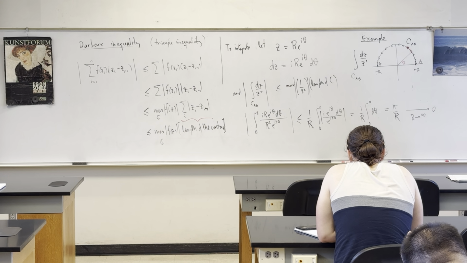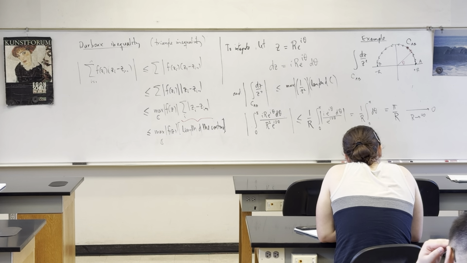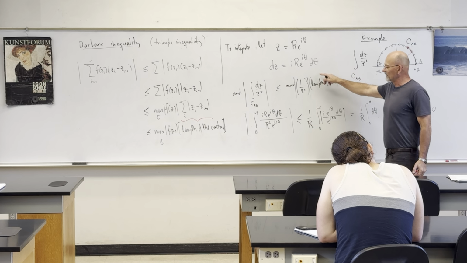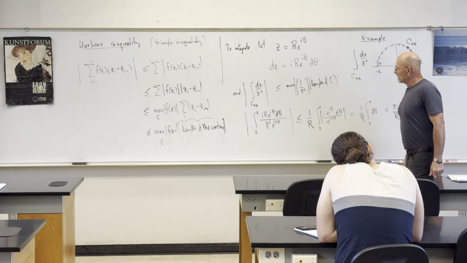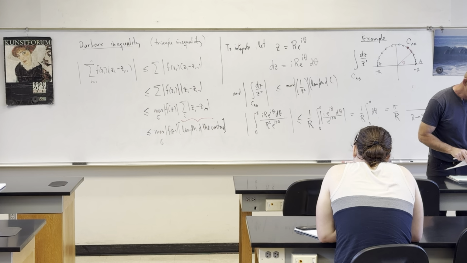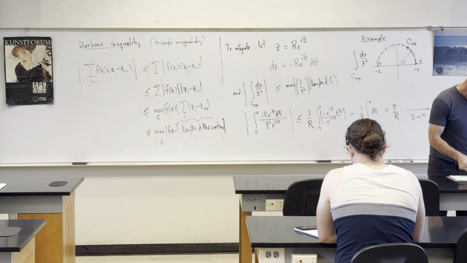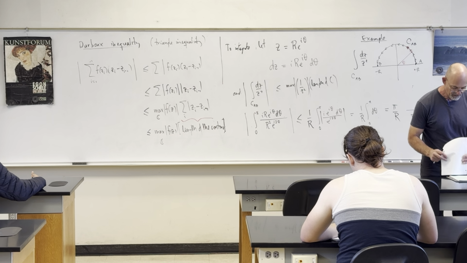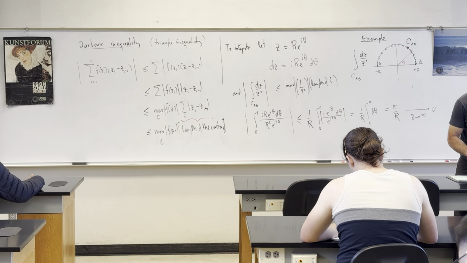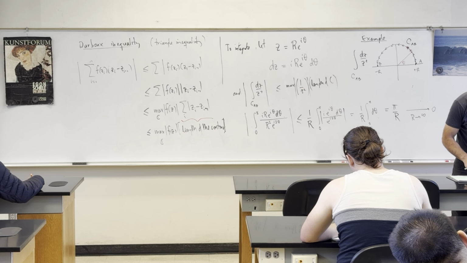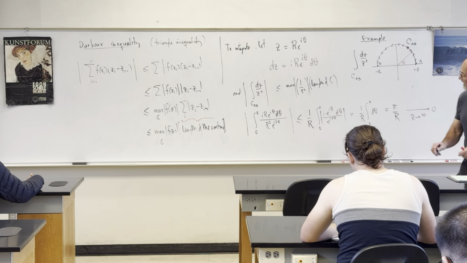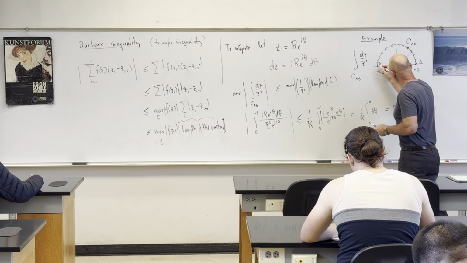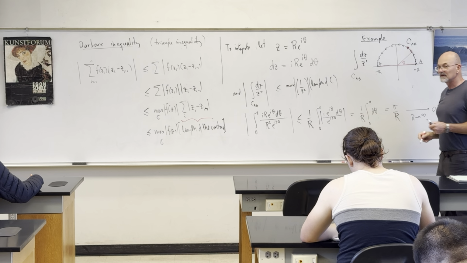And the maximum value of the 1 over z squared was, of course, 1 over R squared. So we see here. Good. So these are really important integrals. And what's going to happen again and again is we're going to be interested in this integral.